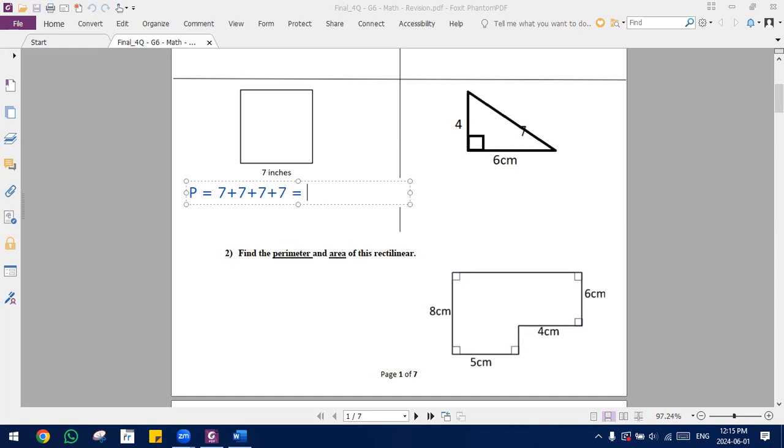Or we can do 7 times 4, which is 28 inches. Now to find the area, it's base, so it's length times width, which is equal to 7 times 7, which is 49 inches. And then we don't forget the square.